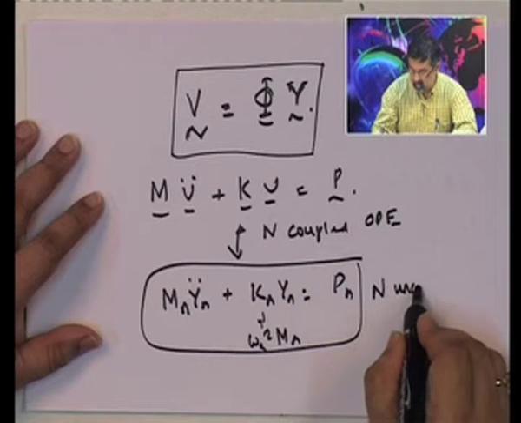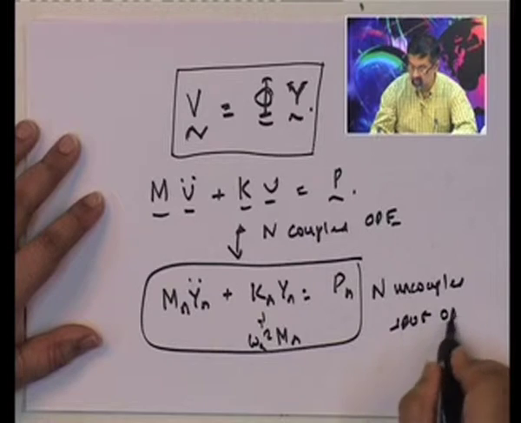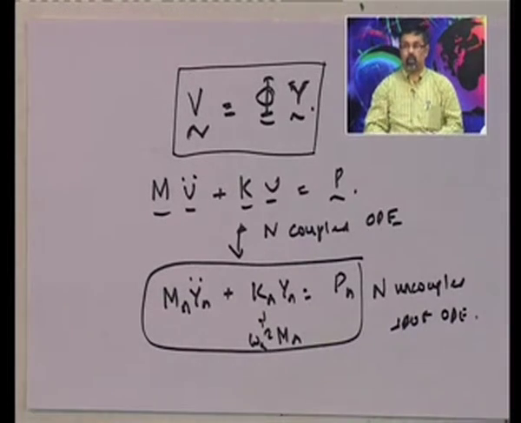N uncoupled single degree of freedom ODEs. Okay? Brilliant. So, you've made a multi-degree of freedom problem into n single degree of freedoms. So, you've taken the entire problem and made it into a single degree of freedom problem.